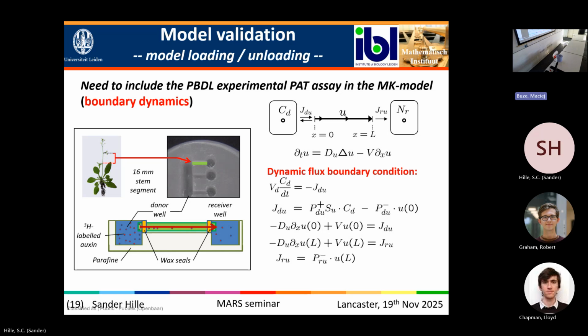And you can do that on both sides. Then on the other side, you also have an ODE. So that is a system of mixed type where the boundary conditions are dynamic.